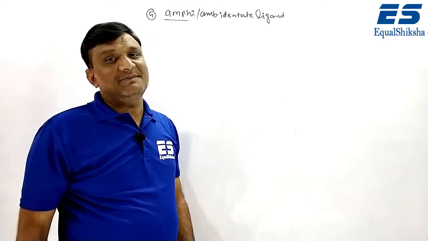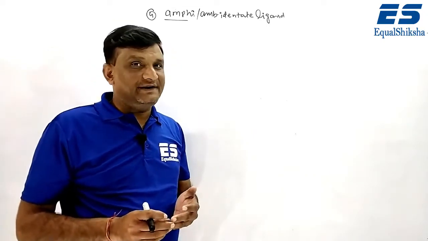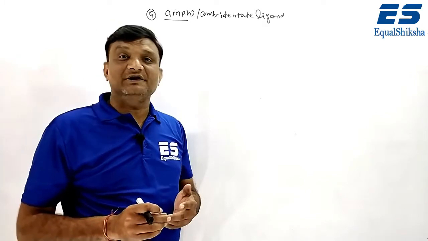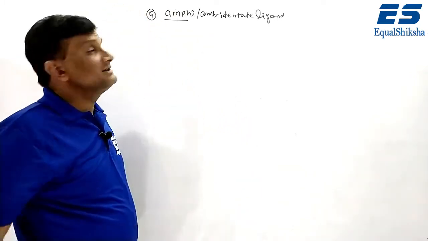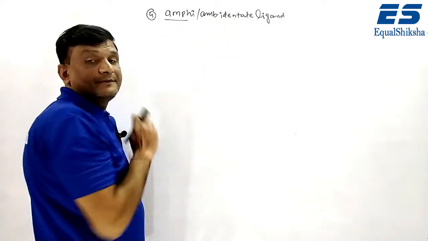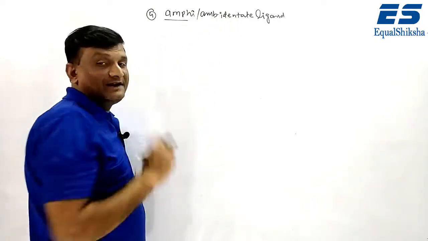So we have discussed monodentate, bidentate and polydentate ligands. Now we will discuss the final type of ligand, that is the amphidentate or ambidentate ligand.